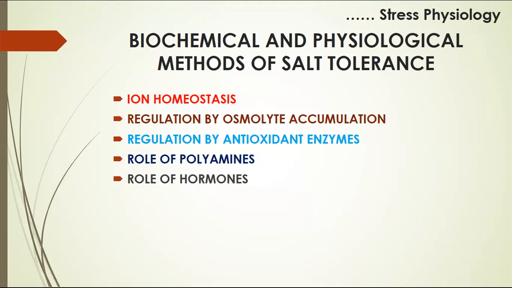So this helps the plant cell to have the increased osmolyte level due to the genes activated by high amount of ABA. That's the role ABA plays. And it also helps the plant to accumulate large amount of potassium and calcium. How effectively this potassium and calcium can be used by the plant to counteract the ill effect of sodium will definitely be highlighted in the next lecture when we meet.